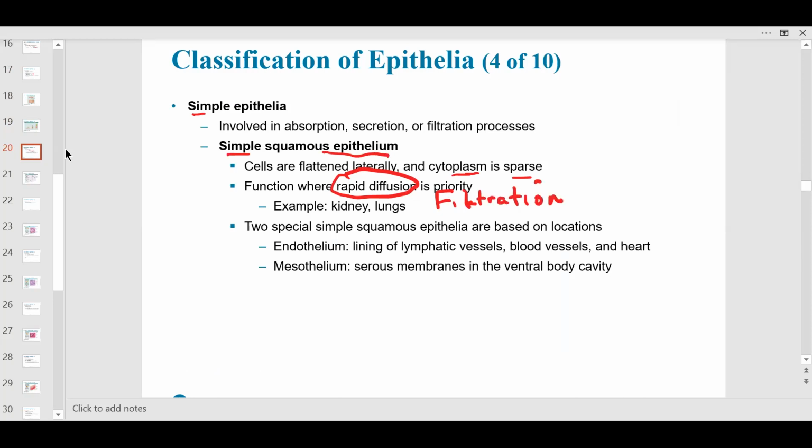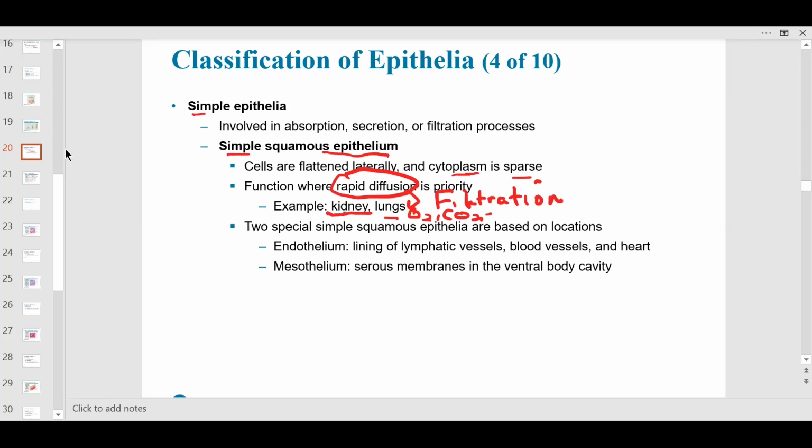Diffusion is really important for the carbon dioxide and oxygen, O2 and CO2, in the lungs, diffusing back and forth. We want to get carbon dioxide out and oxygen into the body and into the blood. Kidneys are more about filtration. The glomerulus of the kidneys will filter our blood. That's the job it has.